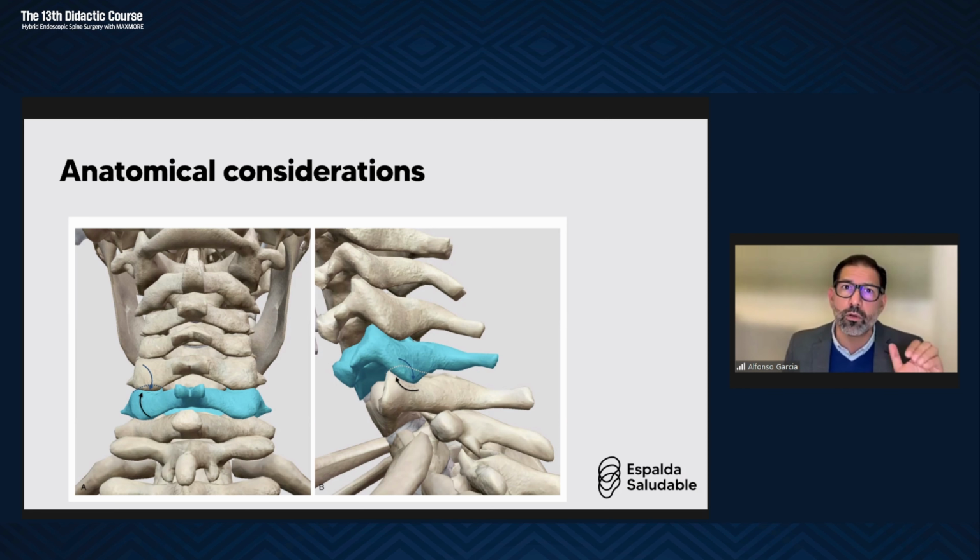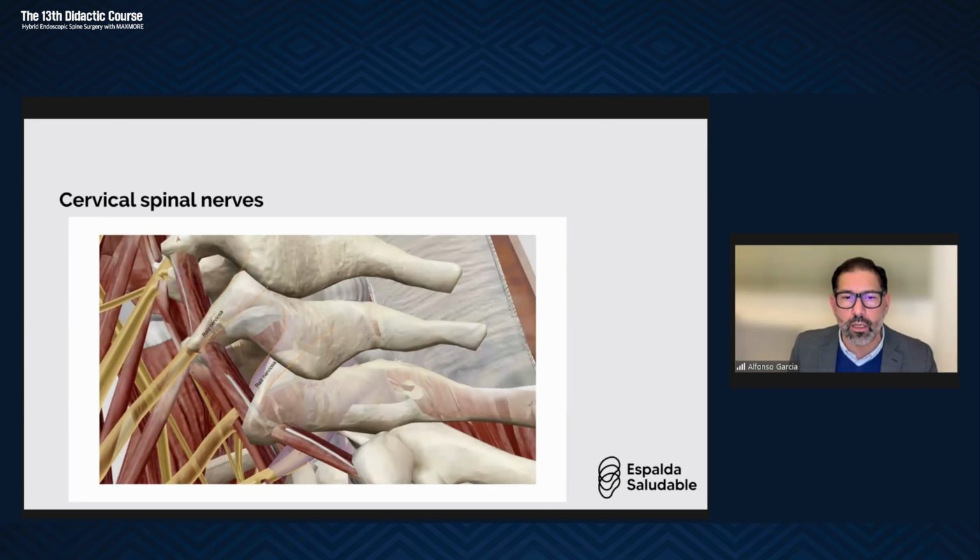So you can do an inclinatory laminotomy way of accessing the foramen, or you can take some of the lamina in order to open the posterior foramen. That will depend on the dexterity of the surgeon, the ability of the surgeon, and the pathology itself.